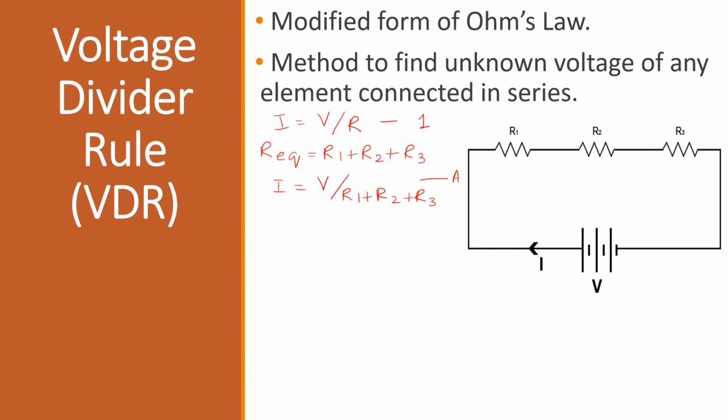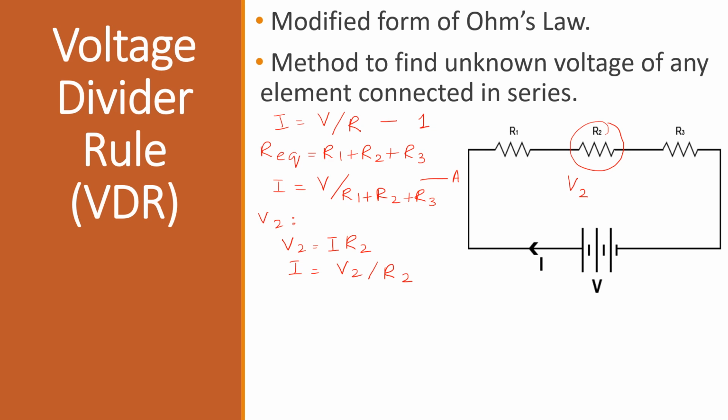Now, if we want to find voltage across this resistor R2, that is V2, then the equation of Ohm's law becomes V2 equals I R2. By rearranging, we get I equals V2 divided by R2.